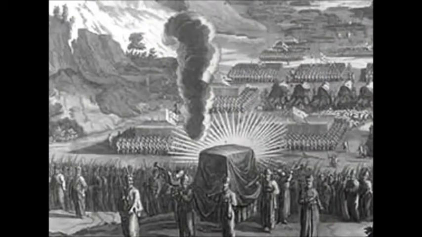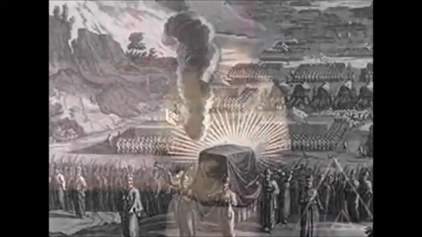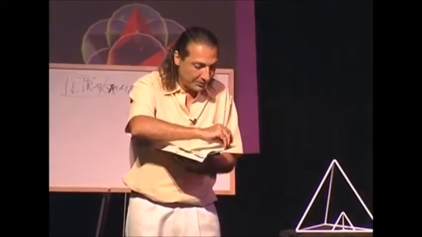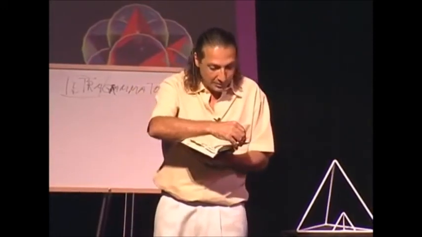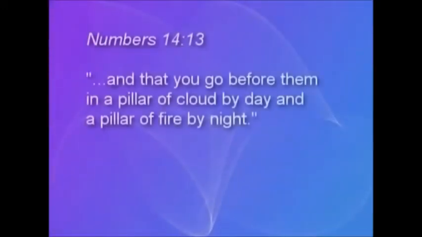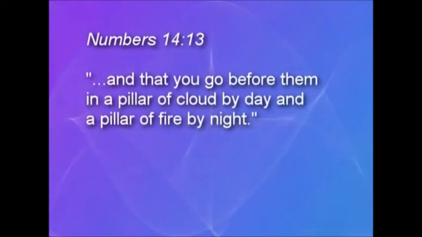At the north and south pole of that object, large vortices would be produced. There's a chapter here if you want references, so you can look it up yourself in Numbers. It's called the cloud above the tabernacle, and it describes that vortex cloud above the tabernacle.